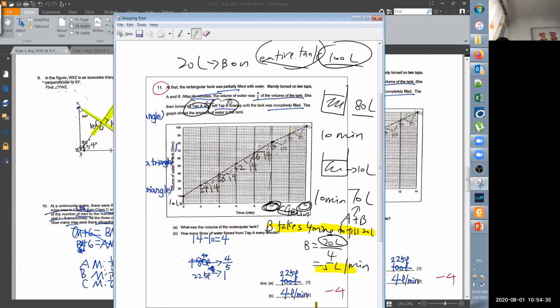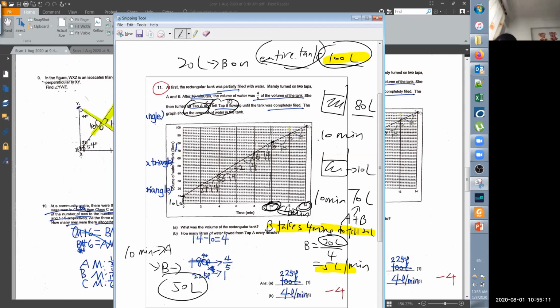So now it says what? The graph shows the amount of water. Okay, so first, what was the volume of the rectangular tank? The volume should be 100, right? Am I right? And then how many liters of water flow from tap A every minute? So I can figure out this already because it says 10 minutes A and B. And 10 minutes B contribute how much? 5 times 10, 50.